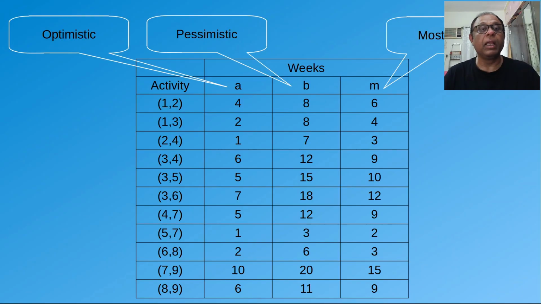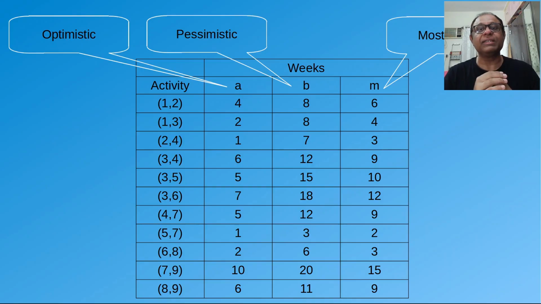Let's begin. Usually you will be given a table where you will be given the activity on the left-hand side, and then you will be given the A, B, and M values. Now, what are these A, B, and M values? A is the optimistic time of completing the project, that is, the least amount of time required to complete any activity in the project.